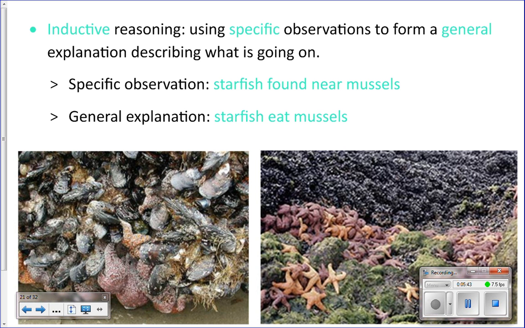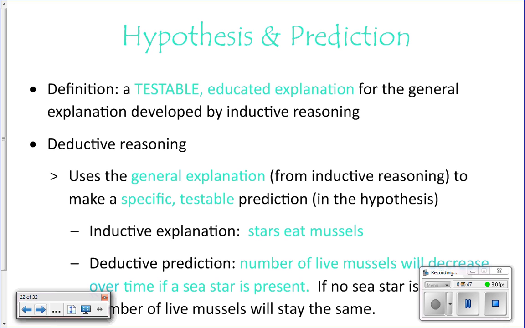Okay, so after you've got your general explanation, you're going to use that general explanation to come up with a hypothesis and a prediction using deductive reasoning. Okay? The definition of your hypothesis is a testable educated explanation for that general explanation that you developed using your inductive reasoning.